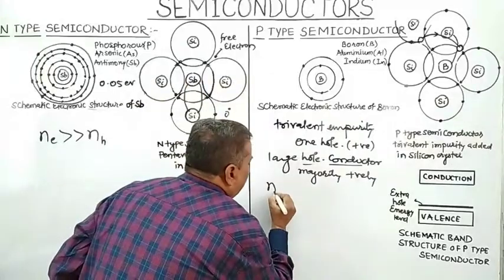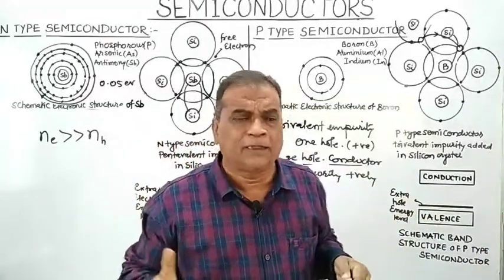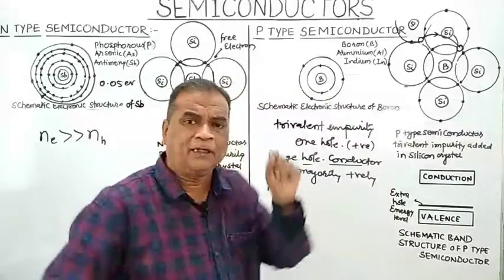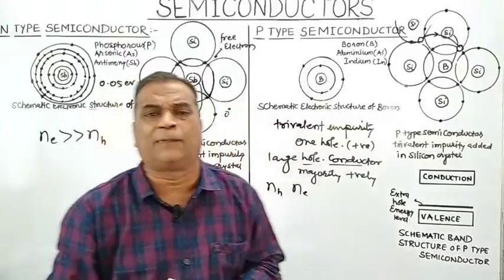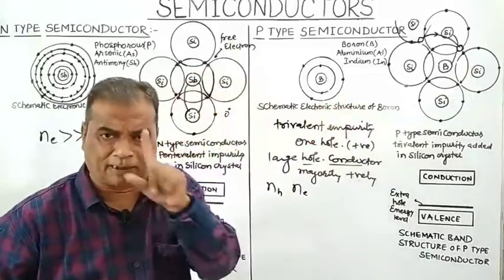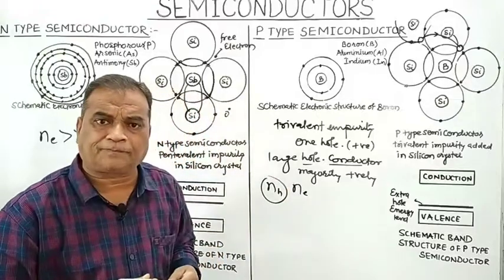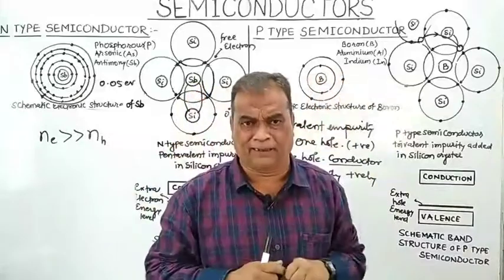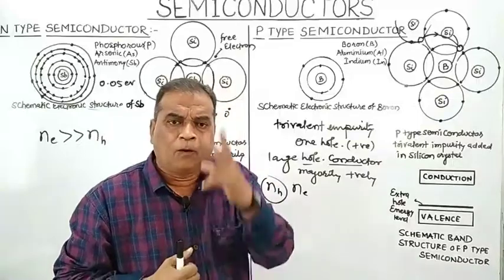If I say NH represents the number density of holes, means the number of holes present per unit volume, per cubic centimeter, and Ne represents the number of free electrons available per unit volume, per cubic centimeter.